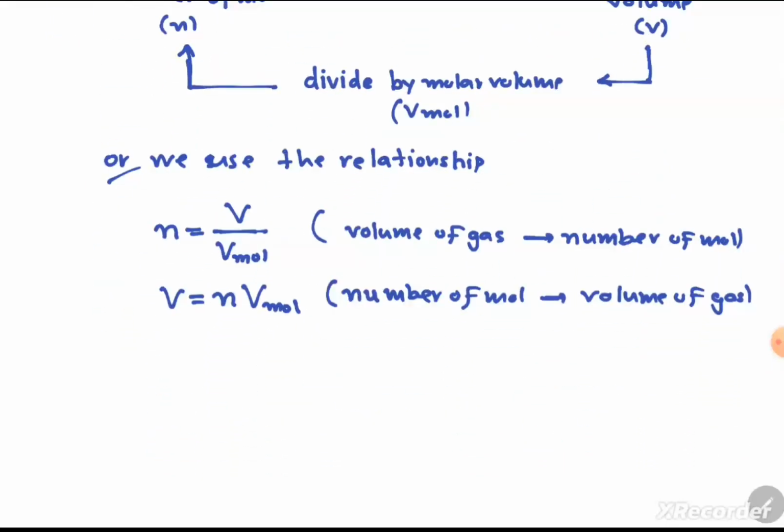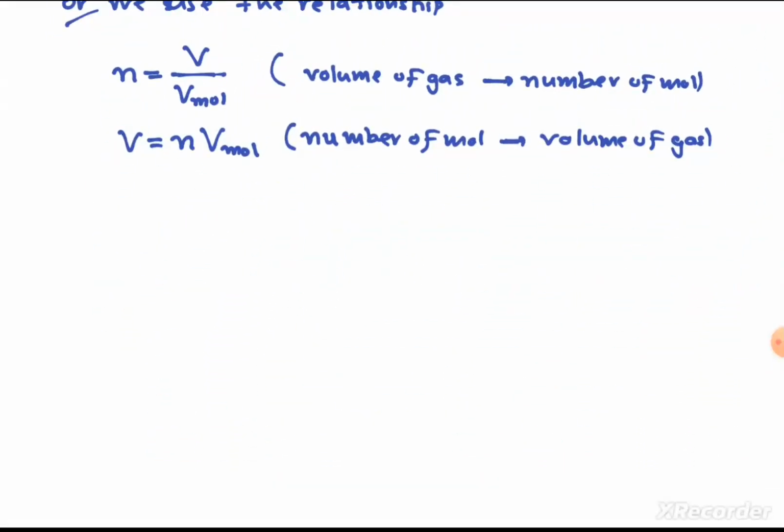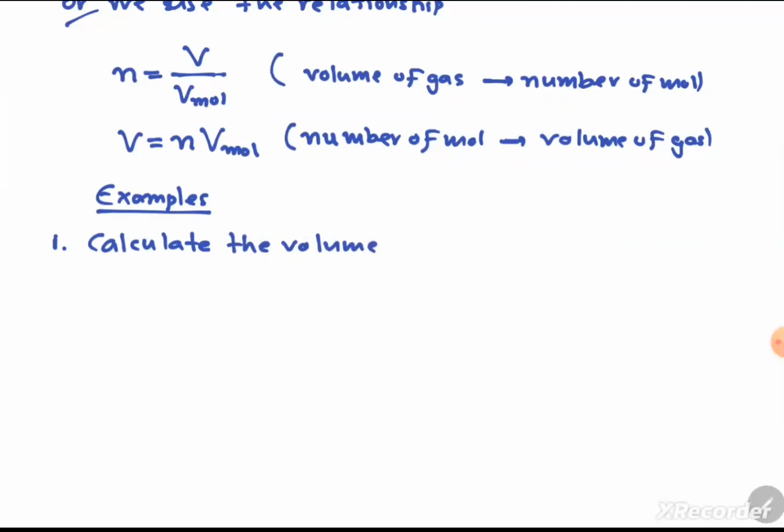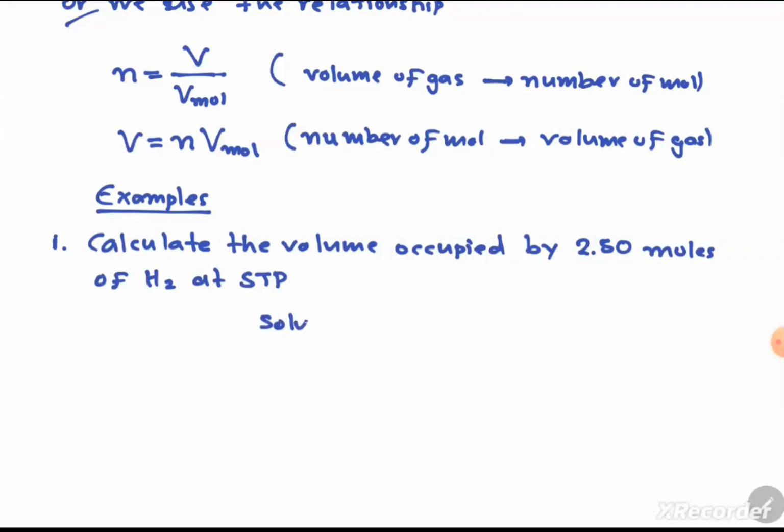Let's see examples. First example. Calculate the volume occupied by 2.50 mole of hydrogen at STP, standard temperature and pressure. We can have the solution.